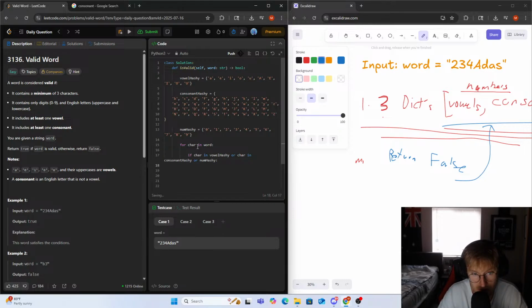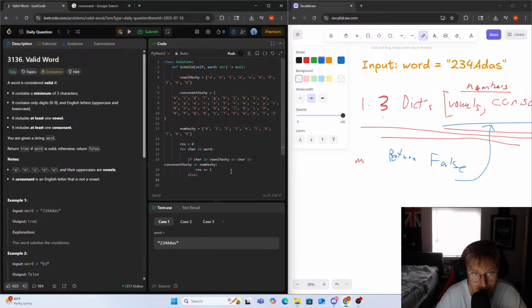Then we can probably want some sort of res to return. We can increase our res by 1 and have an else here. Else, if it's not in this, we can instantly return false, right?